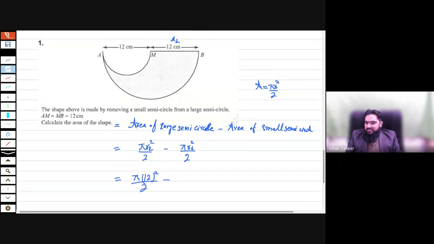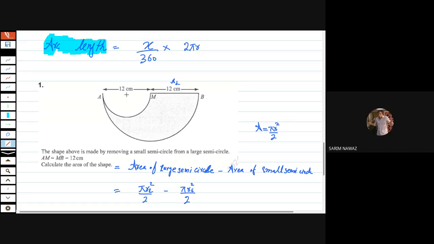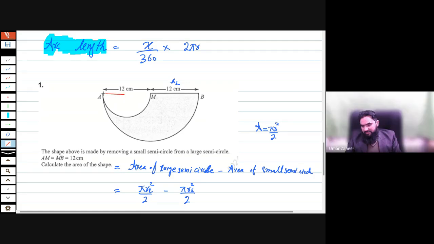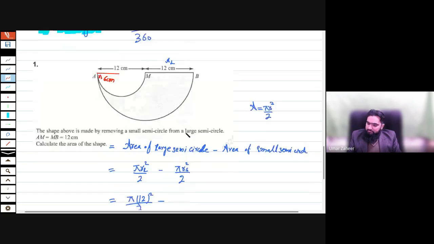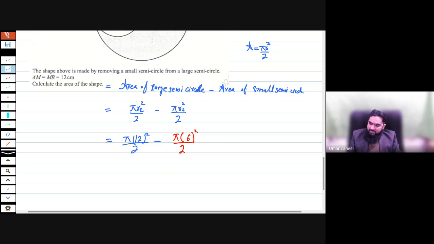Yes, Sadim, what is the radius of the small semicircle? Sir, 6. We take the distance from center to the circumference. The 12 is basically a diameter, taking half, so that will be 6 centimeter. So that will be pi 6 square divided by 2. Please use the calculator and find the value.